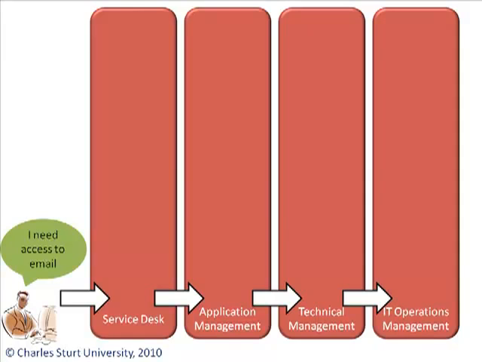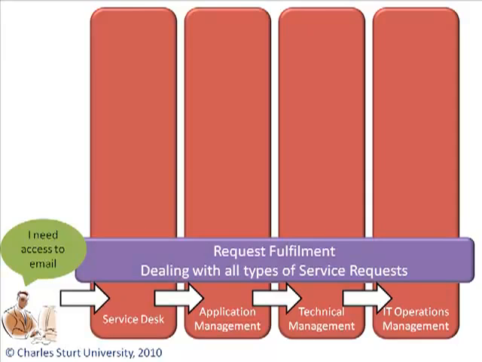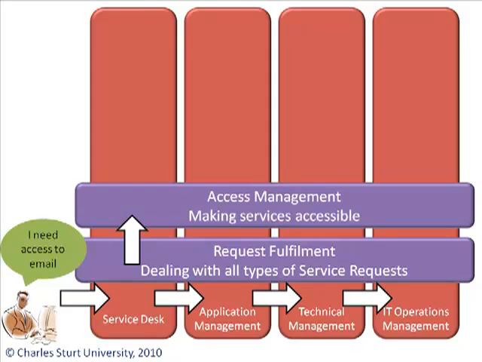Realize that the process dealing with this request could be request fulfillment, because request fulfillment deals with all types of service requests, especially the standard ones. If it's a little less standard, maybe it needs to be dealt with by access management, because access management is all about making services available and accessible.